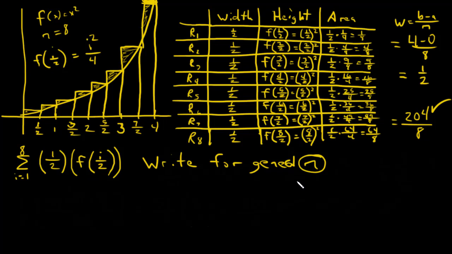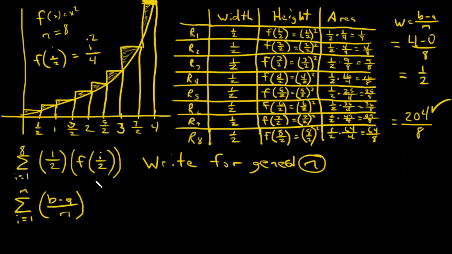So how do I do that? Okay, well, it would be the summation I from 1 to n of b minus a over n. Okay, that's how I got my width each time.